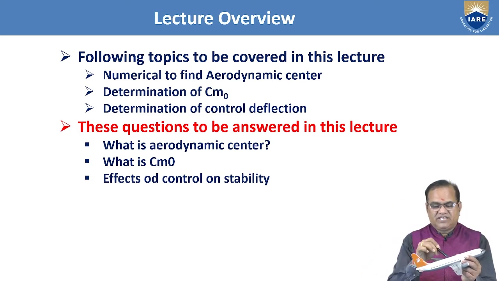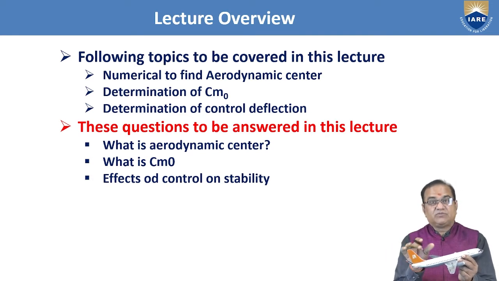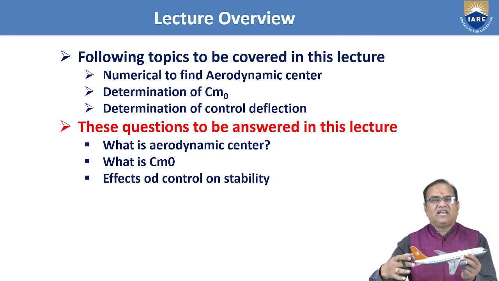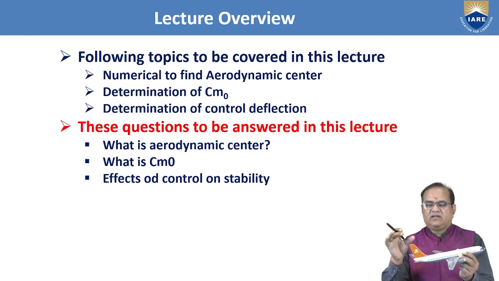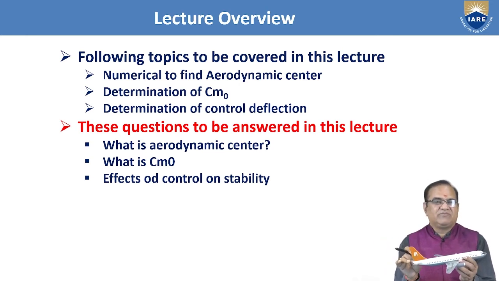If this distance from the center of gravity of the whole aircraft to the aerodynamic center of the horizontal tail is more, the area of the horizontal tail can be reduced. So that is the advantage, and so we are placing our horizontal tail at the extreme end.